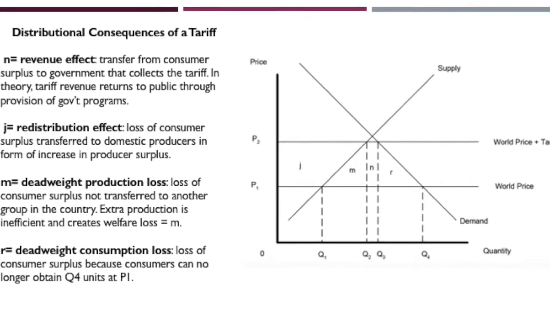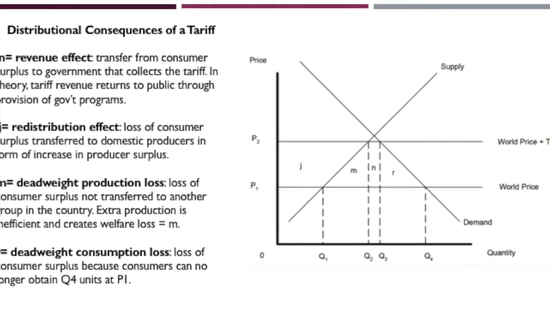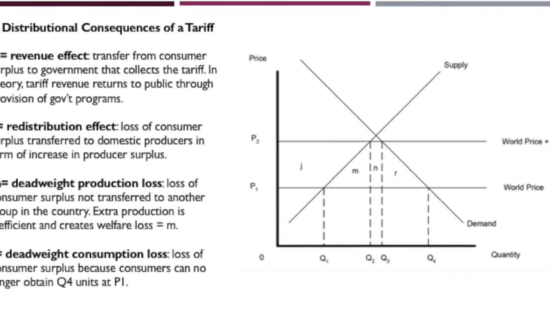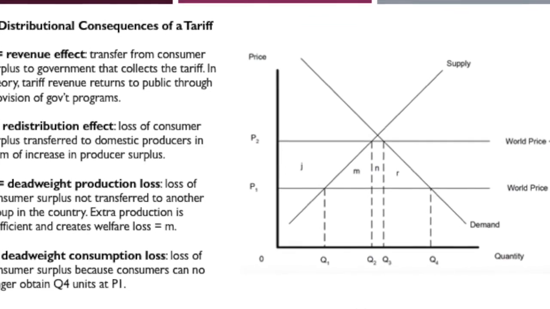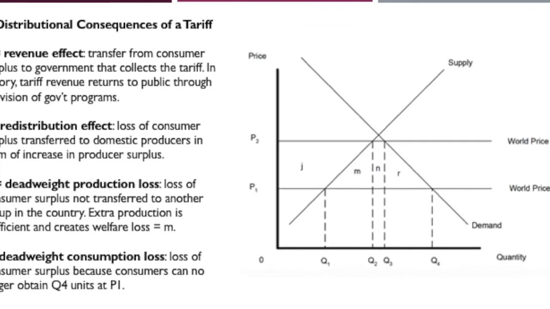And so as a government, you might shrug your shoulders and say, look, we as a society are going to eat a little bit on the high cost of imports, the loss of consumer surplus because of this deadweight consumption loss in area R, but we're picking up a little tariff revenue in area N. And on top of that, we'll live with some of the inefficiency in area M that is incentivized by all this extra domestic production. We'll live with that if we can have a bit more employment.